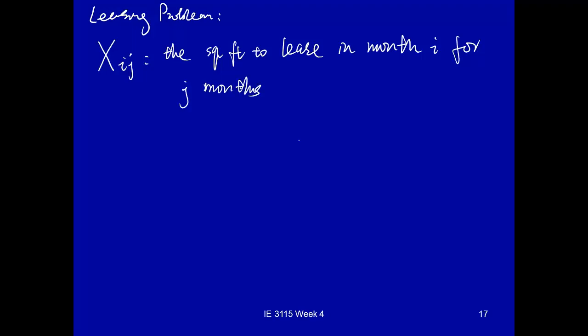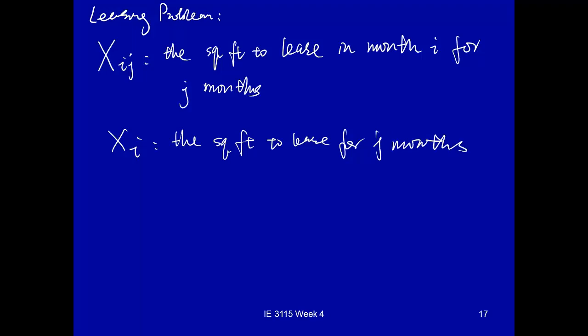Okay, so that's the way I choose to do. Many of you had xj representing the square feet to lease for j months. Okay, so that's on the right track.